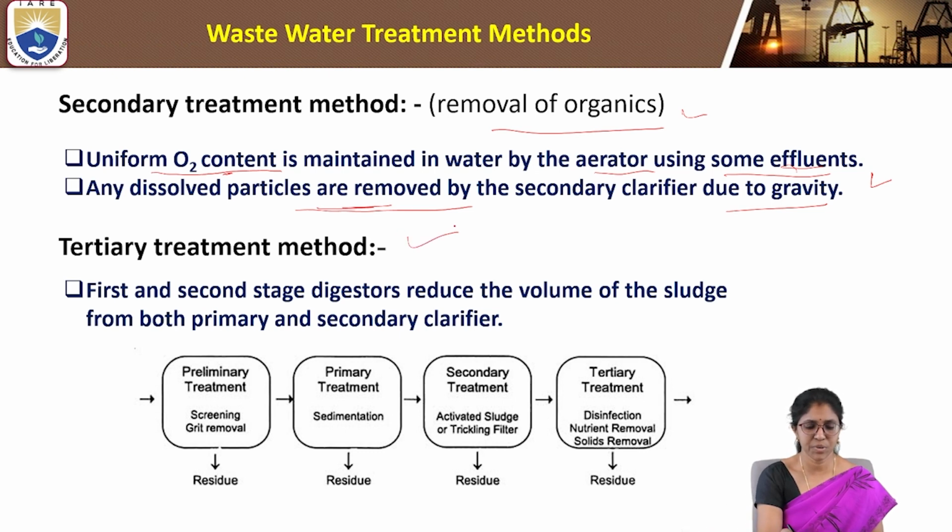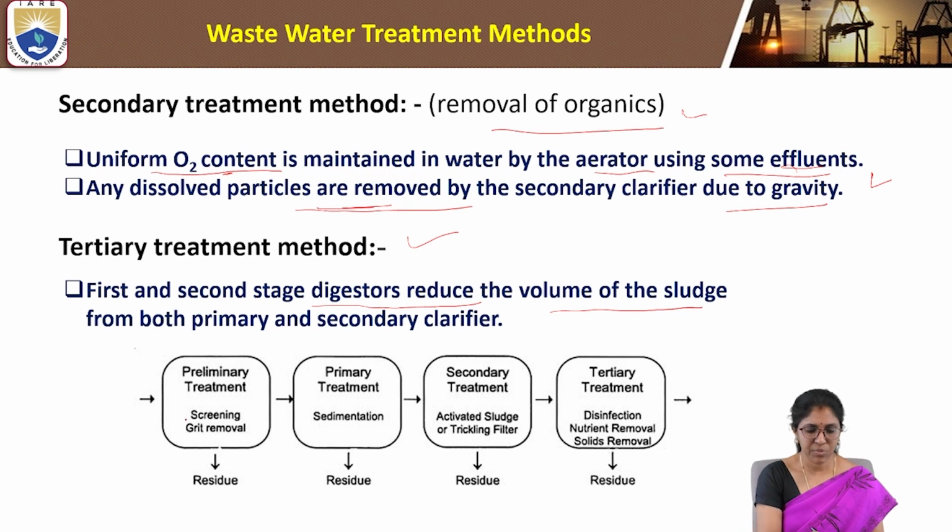Tertiary treatment method. First and second stage digesters can reduce the volume of sludge from both the primary and secondary clarifier.